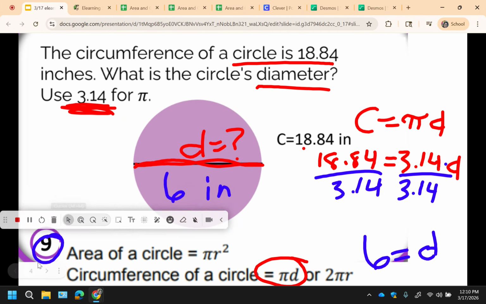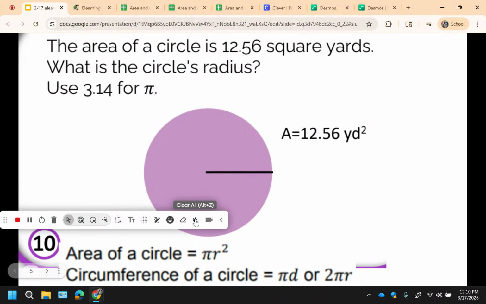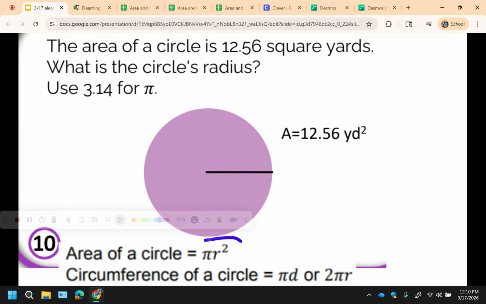Okay. All right, our next one then is problem 10. Now this one, they're giving us area. Okay, so that means we got to look at that one. And they want us to find the radius. So A, and then I'm going to just, to save space, put an equal sign right there. And then we got 3.14.